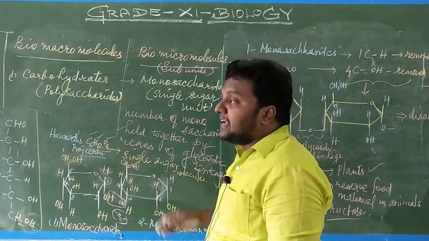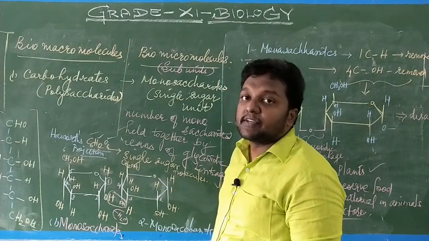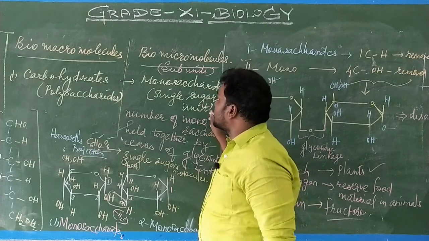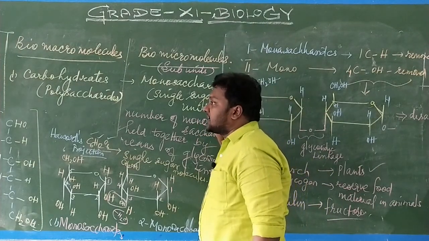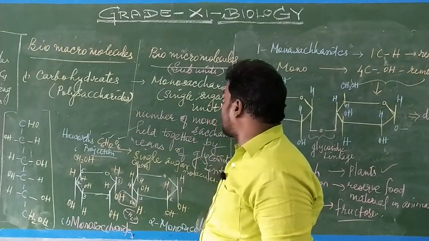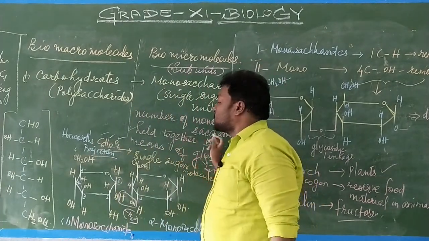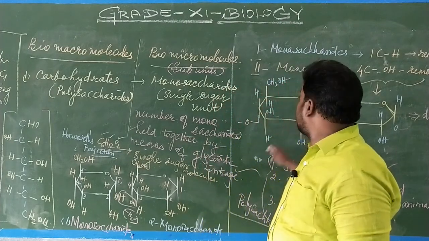Polysaccharides means n number of monosaccharides combined together, giving rise to a polysaccharide. A monosaccharide is a single sugar molecule or single sugar unit, whose formula is C6H12O6. Here a number of monosaccharide units are held together by a glycosidic linkage. What is a glycosidic linkage?